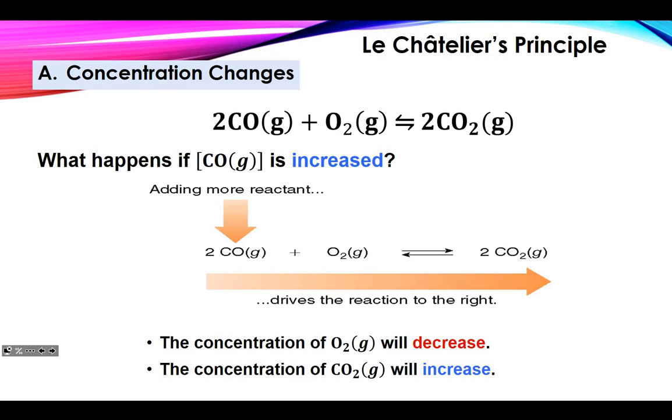So if I'm putting stuff in, in order for it to cross the double-sided arrow, I've got to sort of curve and go like this, right? To make it cross that double-sided arrow. That means my reaction is going to shift towards the product. When it shifts towards the product, it takes some oxygen with it and makes more CO2. So my oxygen concentration goes down and my CO2 concentration goes up.